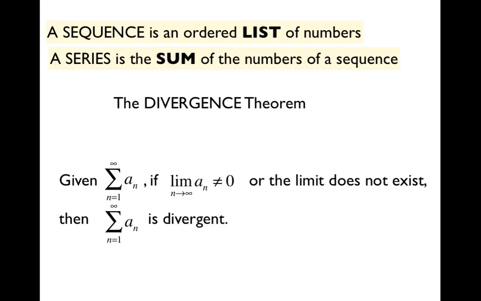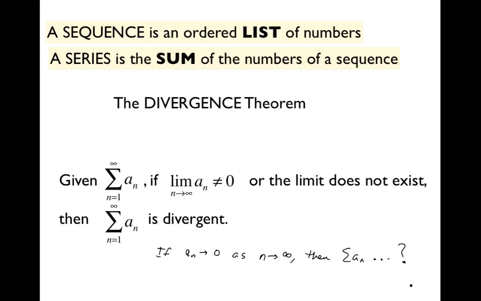Okay, what about the flip side? What if the sequence converges to 0? Then the series must converge. Is that what that says?